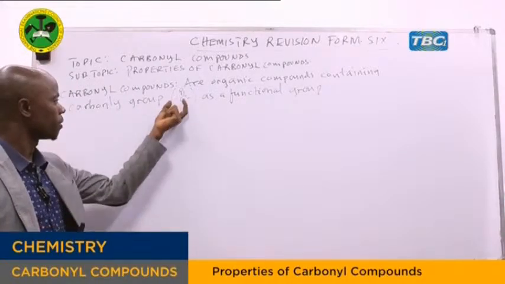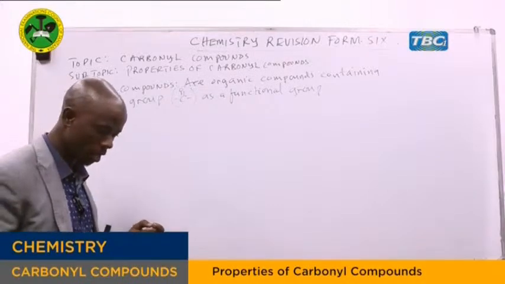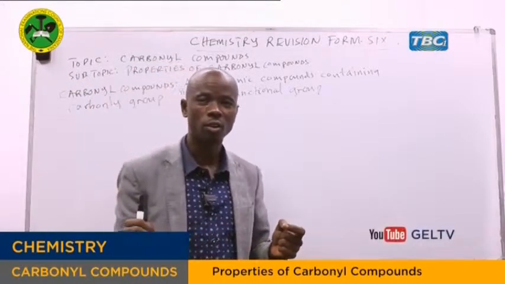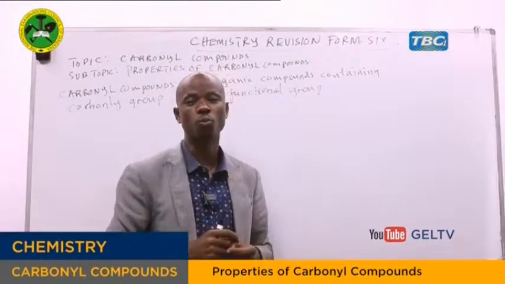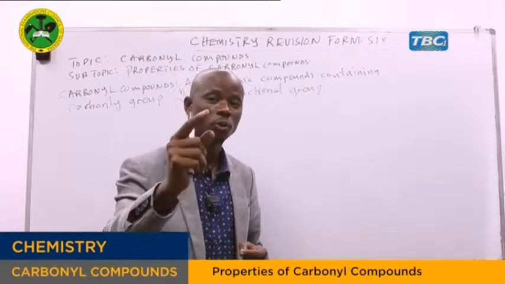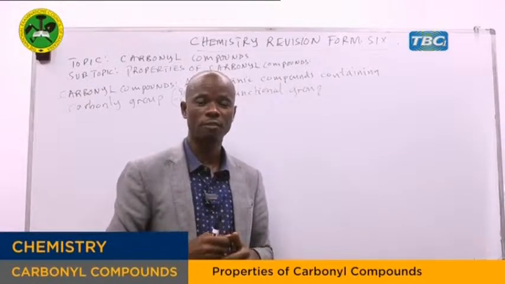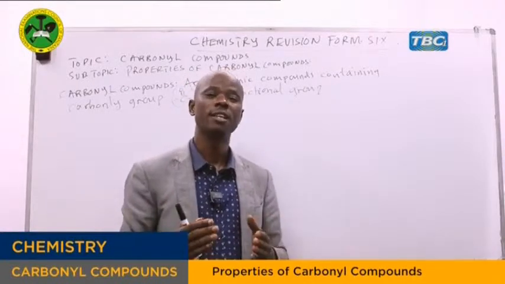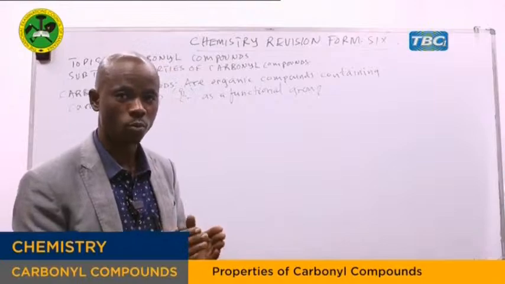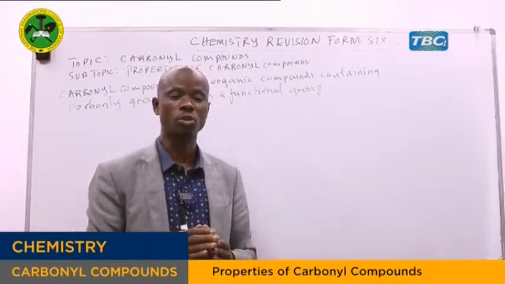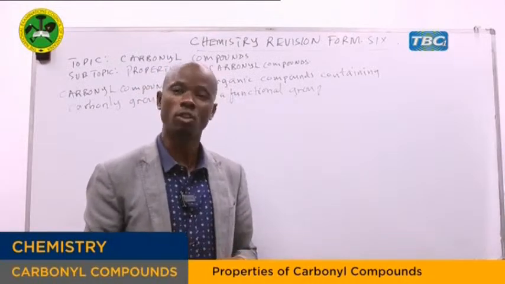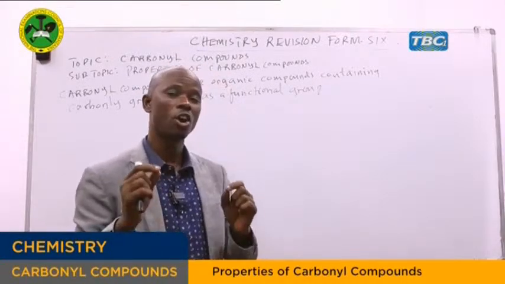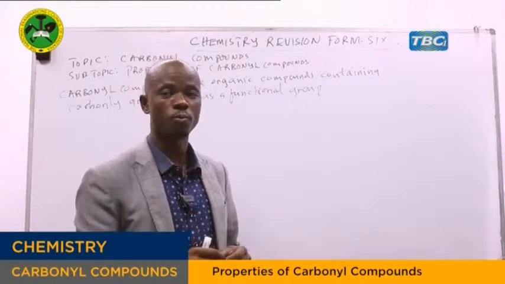Now, because this is the functional group, I can also ask a question there. What do you understand by functional group? Are you able to tell the meaning of that? A functional group is an atom or group of atoms which carries the chemical characteristics of an organic compound. That is the meaning of the functional group.